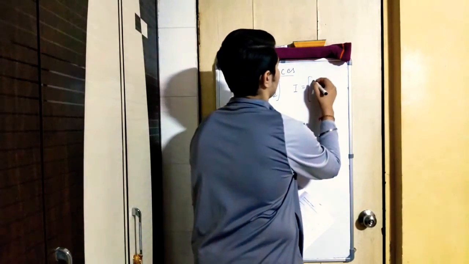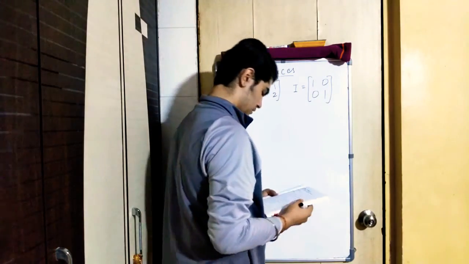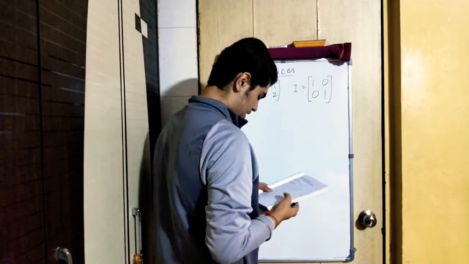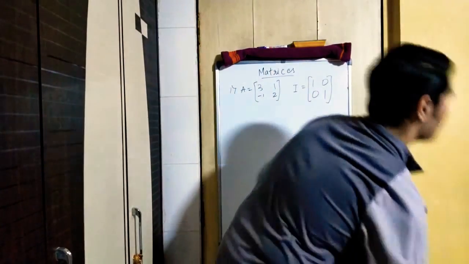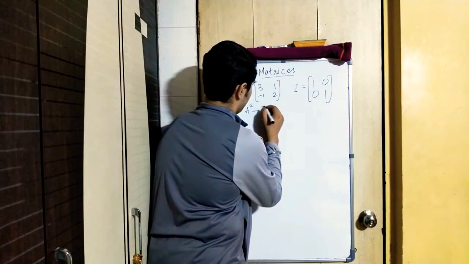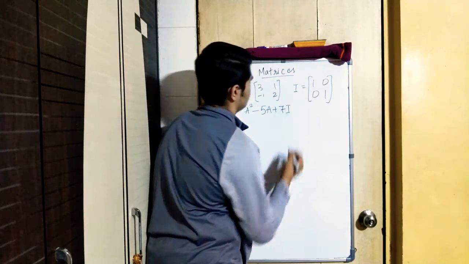It is the identity matrix. It's universally 1 0 0 1. So you have to find A square minus 5A plus 7I.